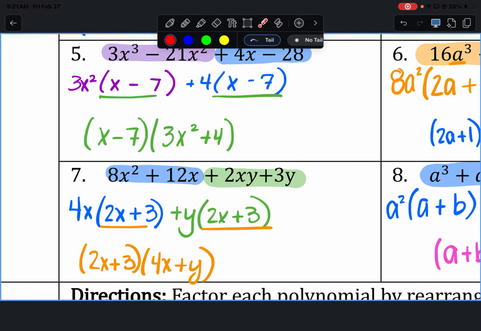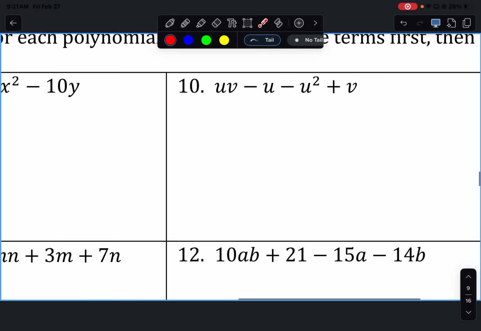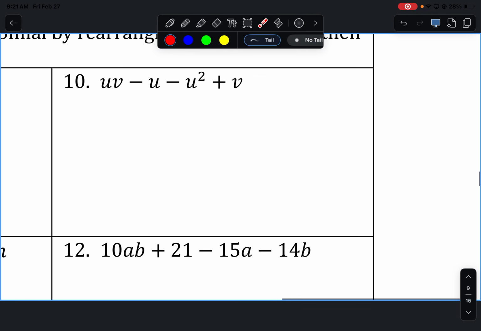So when we look at question 10, it is not written in standard form. So I want to put it in standard form. Standard form, we do alphabetical order with exponents from biggest to smallest. So what term needs to go first to write number 10 in alphabetical order? Negative u squared. What term would go next?